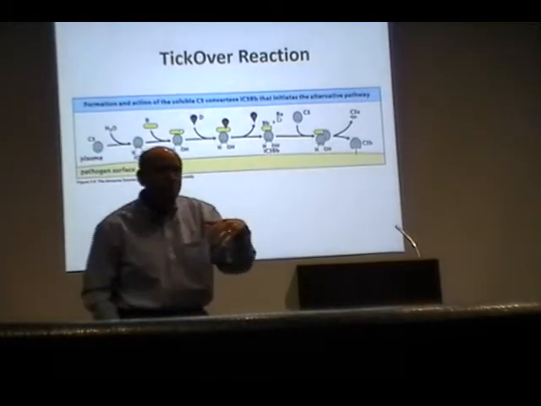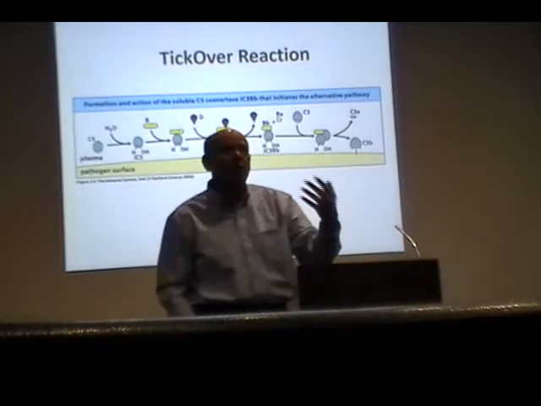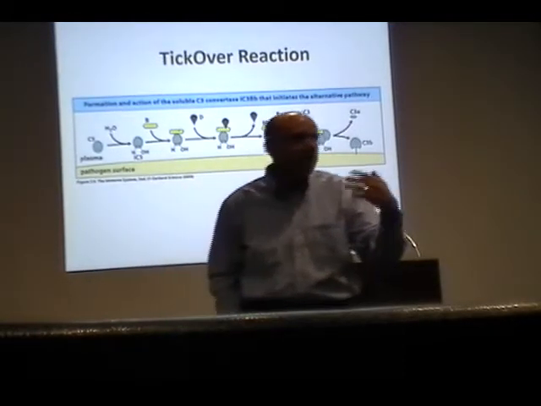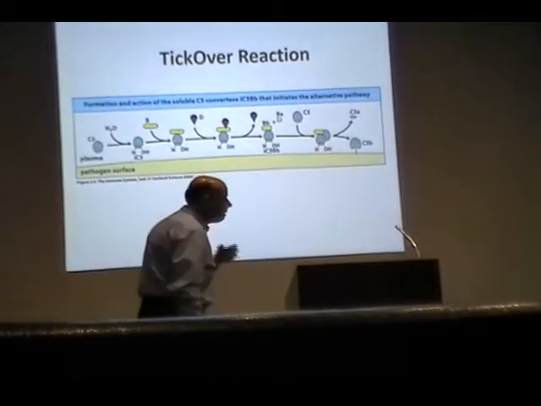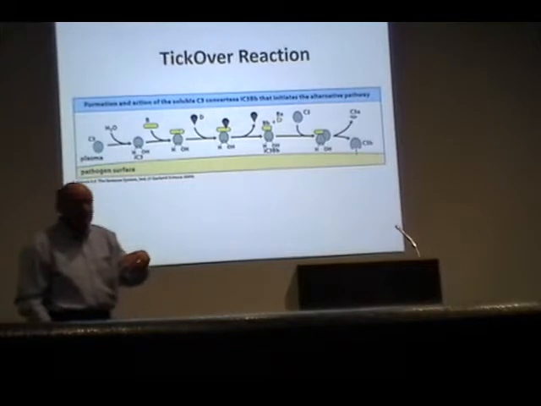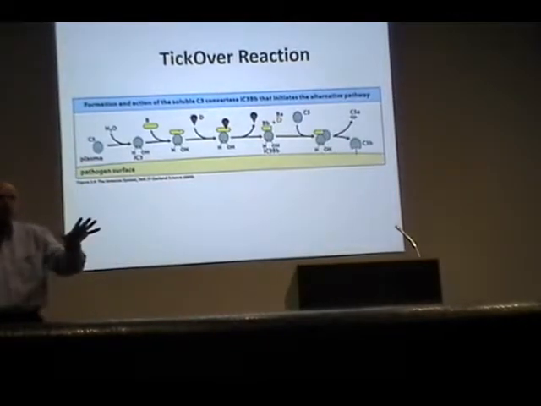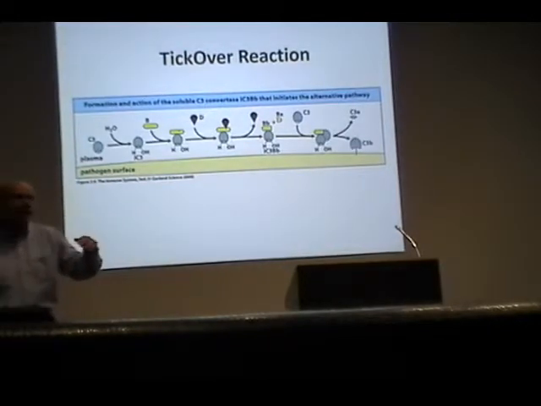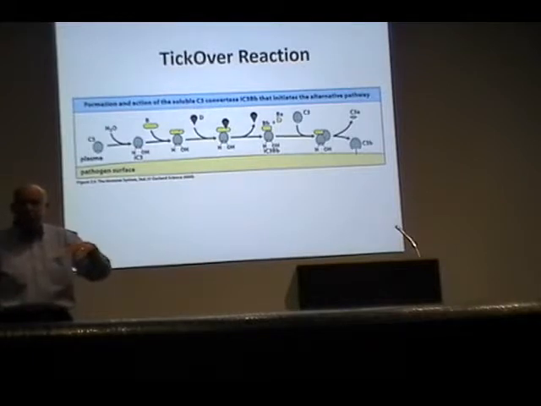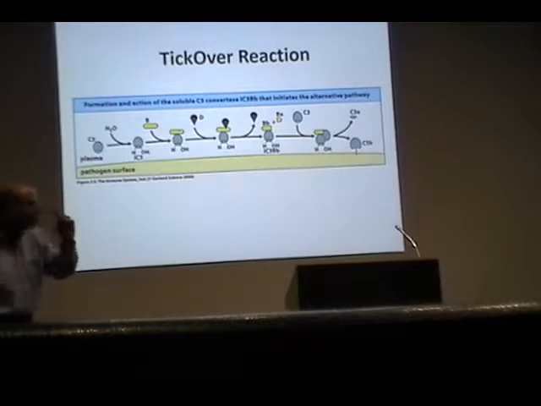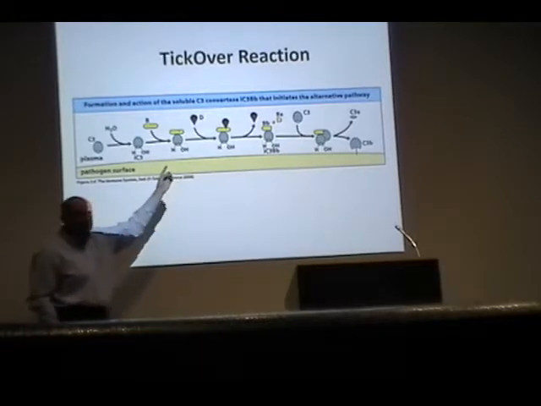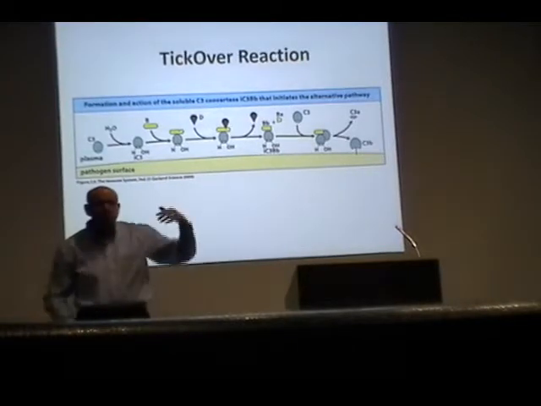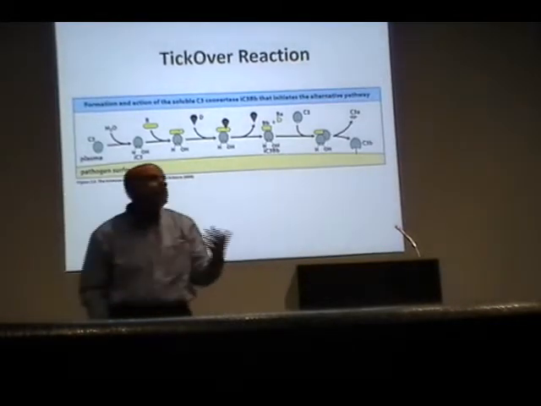Thioester bond: C3 flexes, the thioester bond is revealed. The thioester bond, when revealed, creates a molecule that is C3 still, because it's not yet cleaved, that is either linked to a bacterial surface or it's bound to water and it goes away. While this is happening, there's a protein called B. B does not bind to C3.